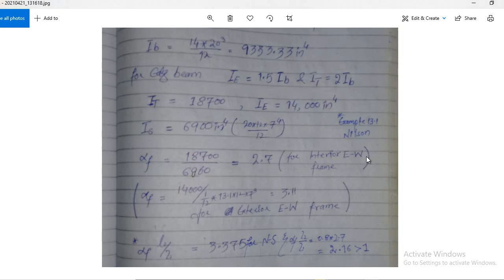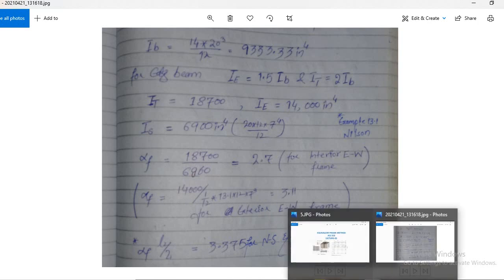Now we calculated alpha F as 2.7 for the interior east-west frame, remember. For the exterior edge east-west frame, it is 3.11. Remember, we have two frames.